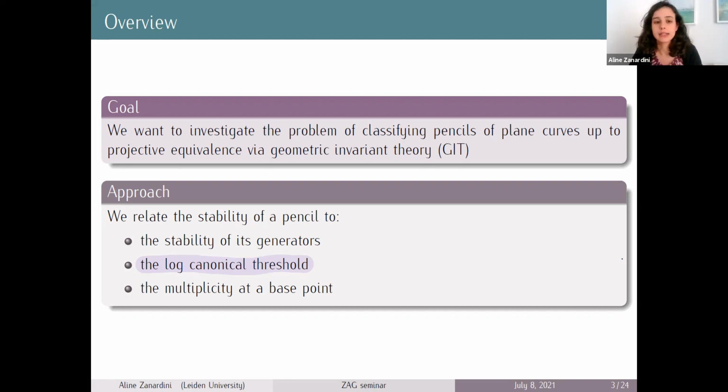We can also relate it to the log canonical threshold and to the multiplicity at a base point. And as I told you in the beginning, I want to say something about this log canonical threshold that I highlighted here, because this really is going to play an important role.